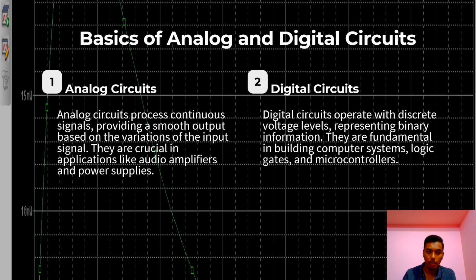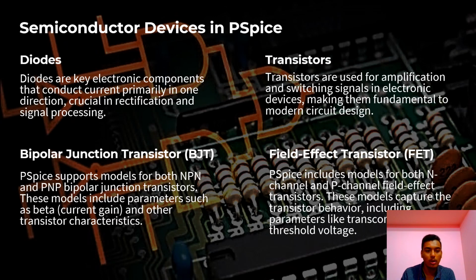Moving on, let us see the semiconductor devices in PSpice. Some of them are diodes, transistors, bipolar junction transistors, and field effect transistors. Diodes are key electronic components that conduct current primarily in one direction, crucial in rectification and signal processing.